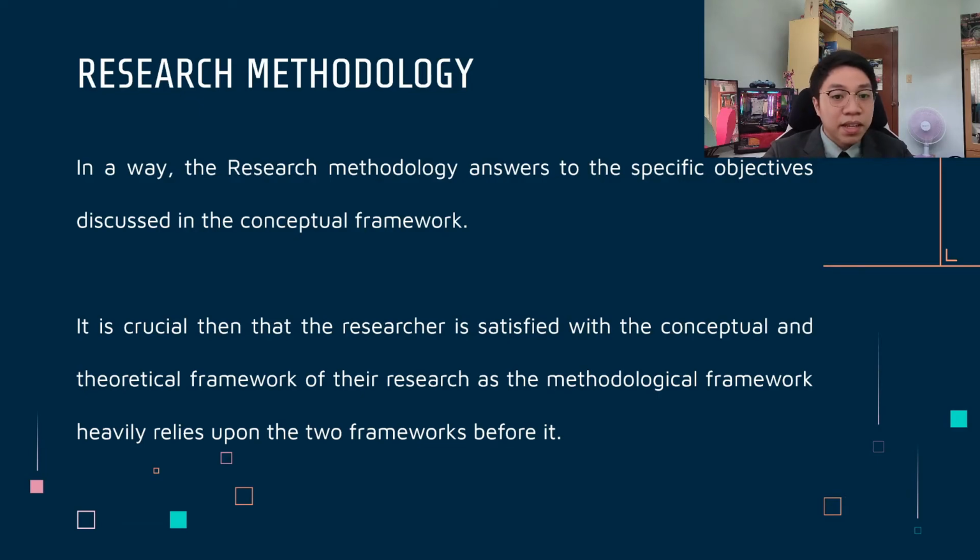This doesn't mean that the researcher can no longer modify the conceptual and theoretical framework. It just means that if the researcher is happy with them, then the methodological framework can proceed smoothly.